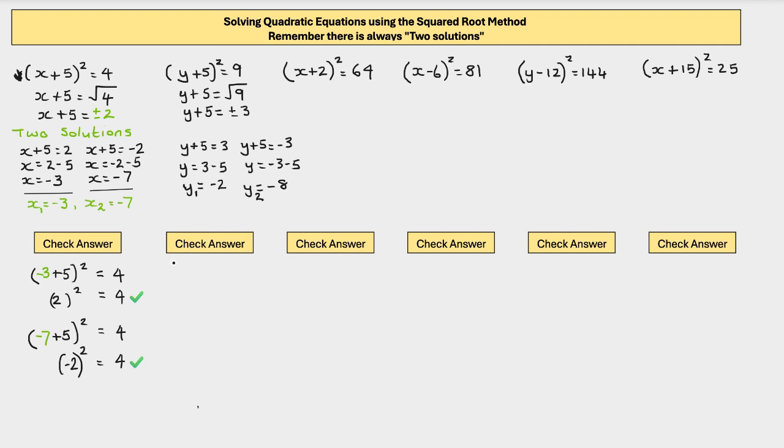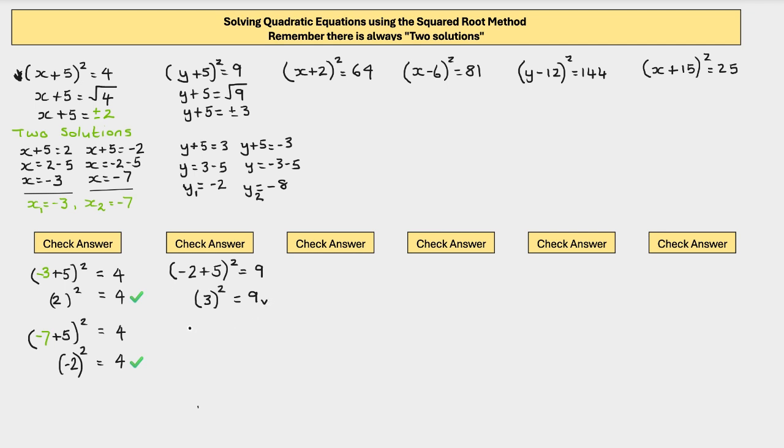So we've got the original sum. So we're going to put our y1 in. So that's (-2 + 5)² = 9. So -2 + 5 is 3 squared, and we know that 3 squared equals 9.